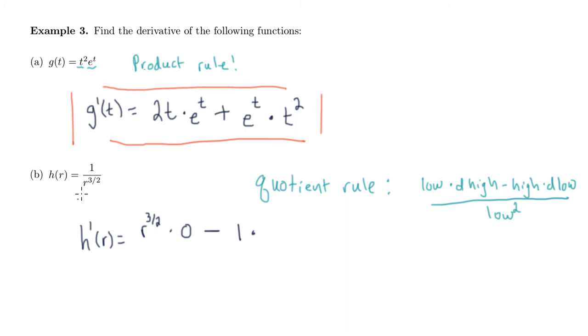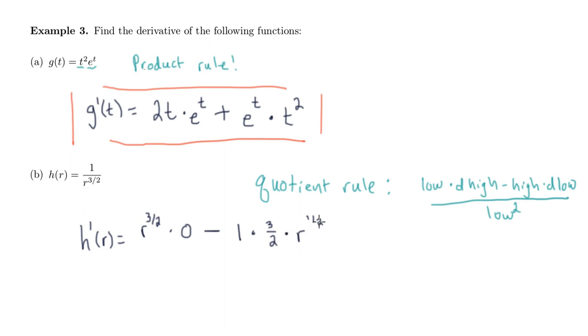Well, d low, r to the 3 halves, is really, now there's a couple of ways to think about it, but we can actually just think about it as being a power. So it's r to the 3 halves power. So what we can do is say this is, bring down the power, so 3 halves, times r to the 1 half.